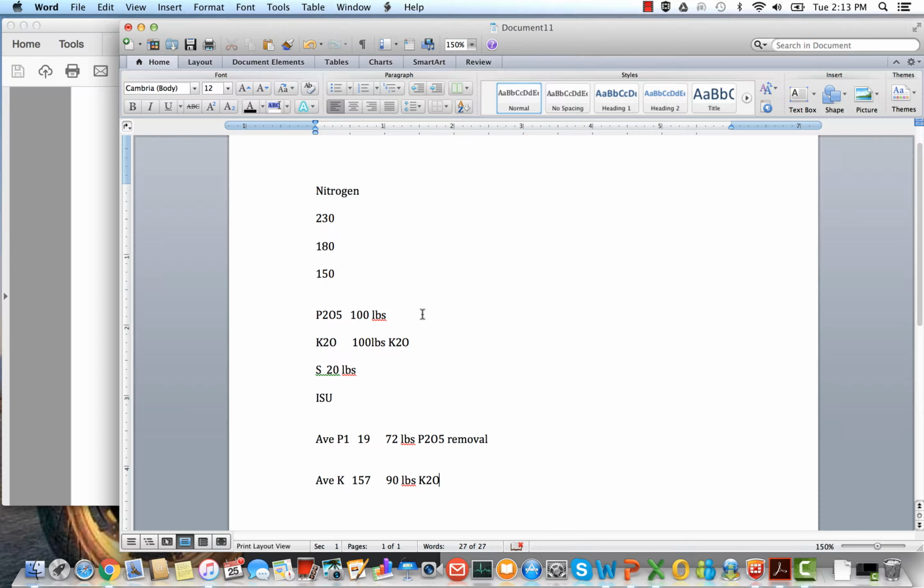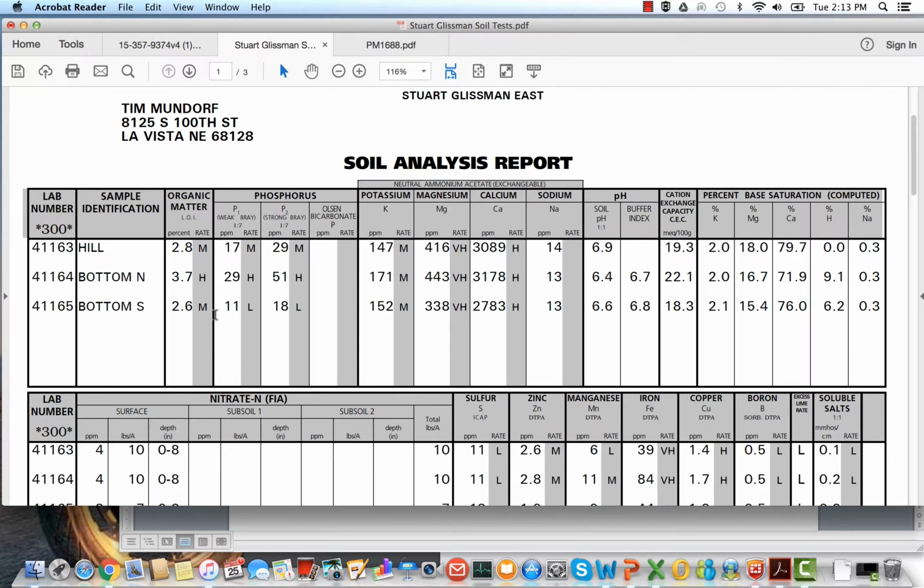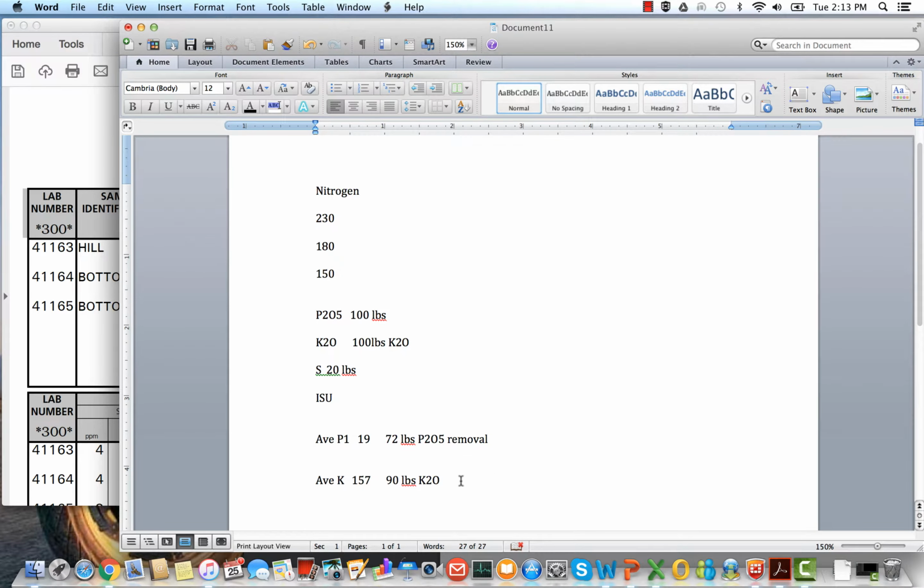Like I said earlier, for 225 bushel corn, Midwest Labs would probably like this P1 number to be closer to 25. We're averaging 19, and we'd like this potassium number to be around 200. So we're trying to build, versus Iowa State, which is trying to do a little bit of building on the potassium, but all they're trying to do is replace removal on the phosphorus.